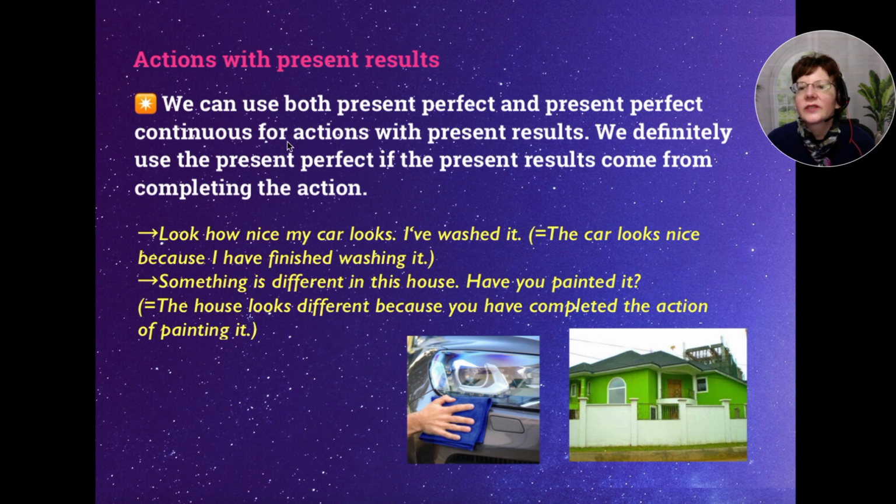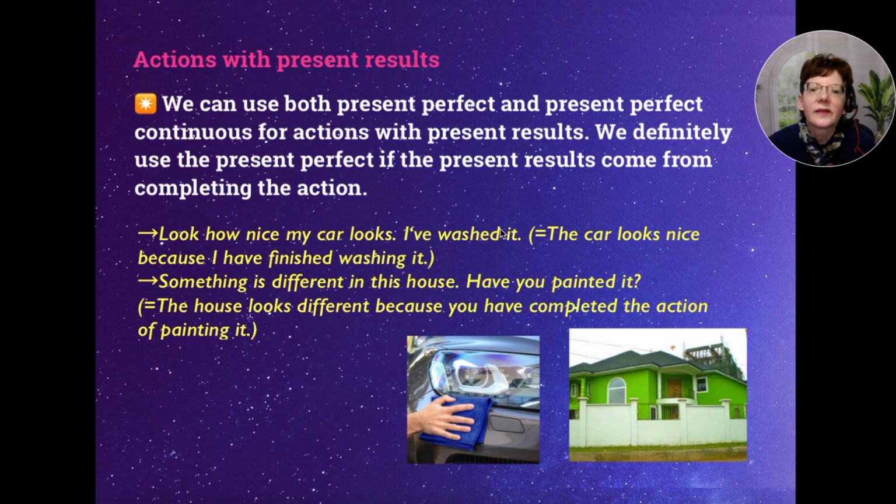Okay, actions with present results. So we can use both present perfect and present perfect continuous for actions with present results. We definitely use the present perfect if these present results come from completing the action. Here are a couple examples. Look how nice my car looks.